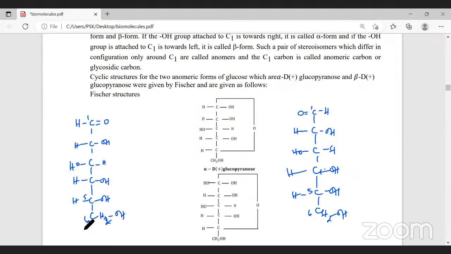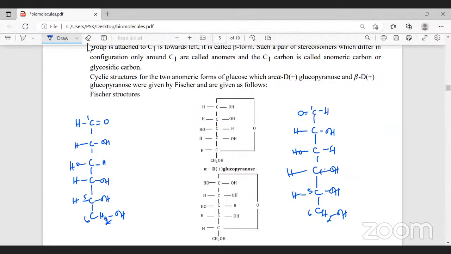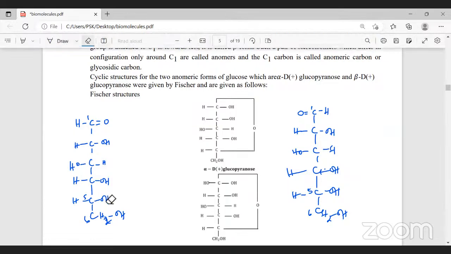In order to write the ring structure, the hydrogen atom of the fifth carbon atom gets bonded to the oxygen of the first carbon atom. Meaning, here we had OH, and from this the hydrogen atom attacks the oxygen.